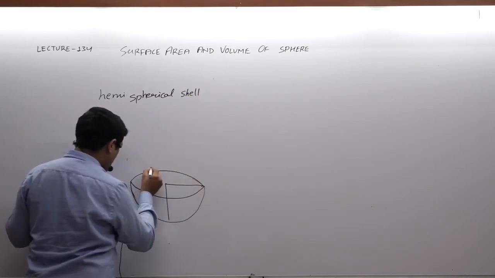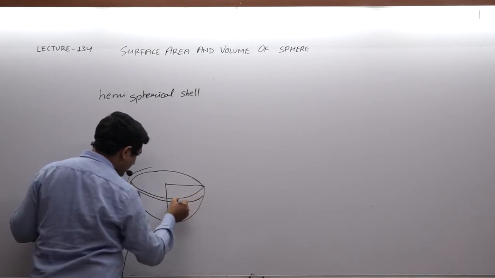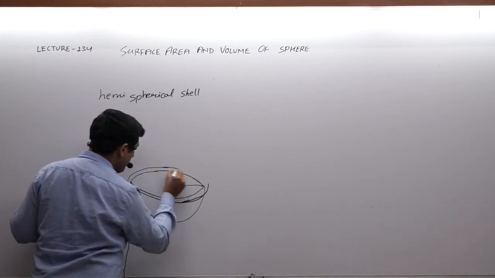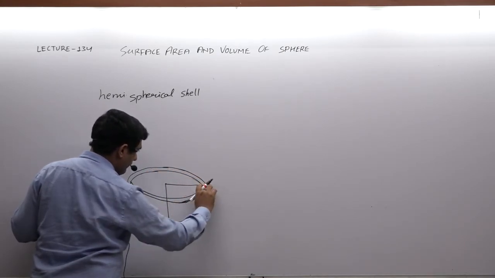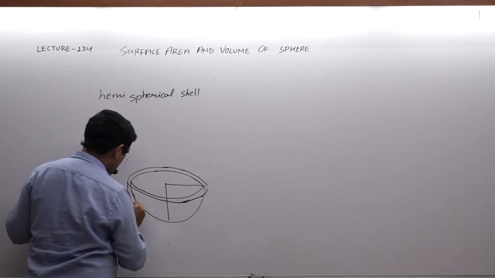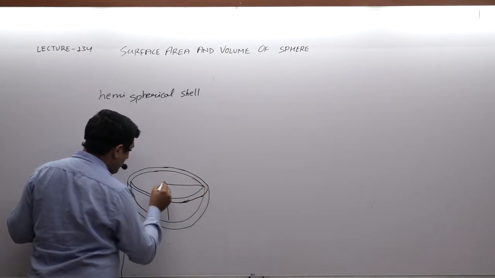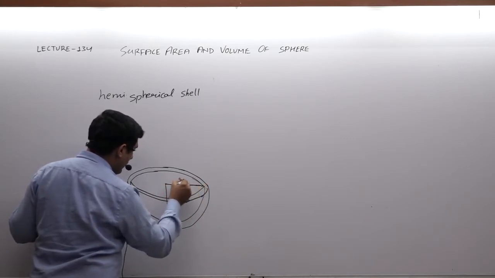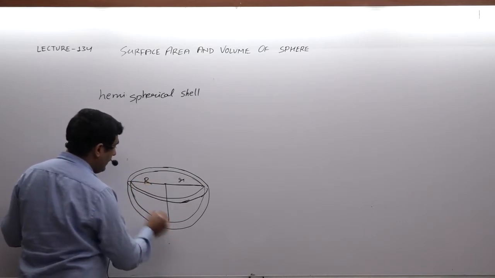So this is something like a hollow hemisphere. Okay, this is the internal radius small r, and this we'll assume as the external radius capital R.